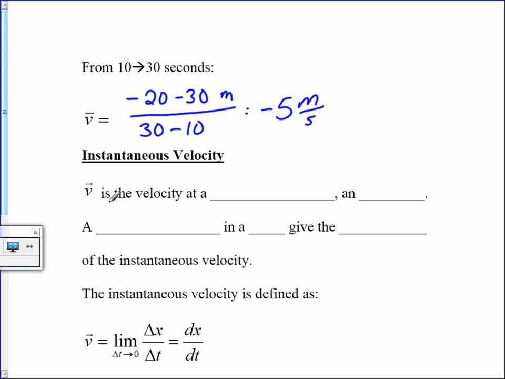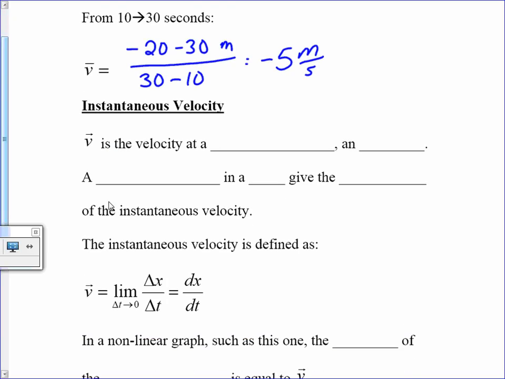Okay, so that's average velocity, and now we also have instantaneous velocity. Now, the velocity, when we draw it like this, is our instantaneous velocity, and it's the velocity at a particular time. An instant of time, and that's where we get the word instantaneous. That is the velocity at a particular instant.